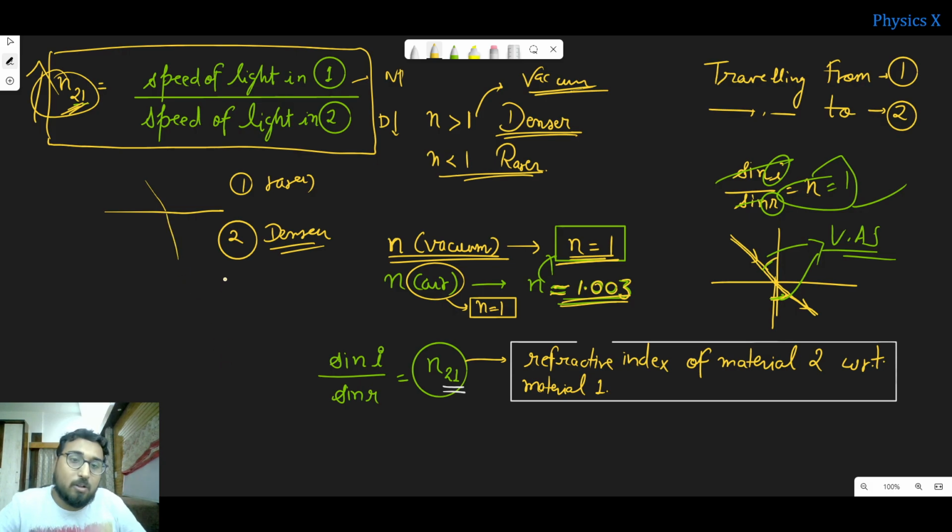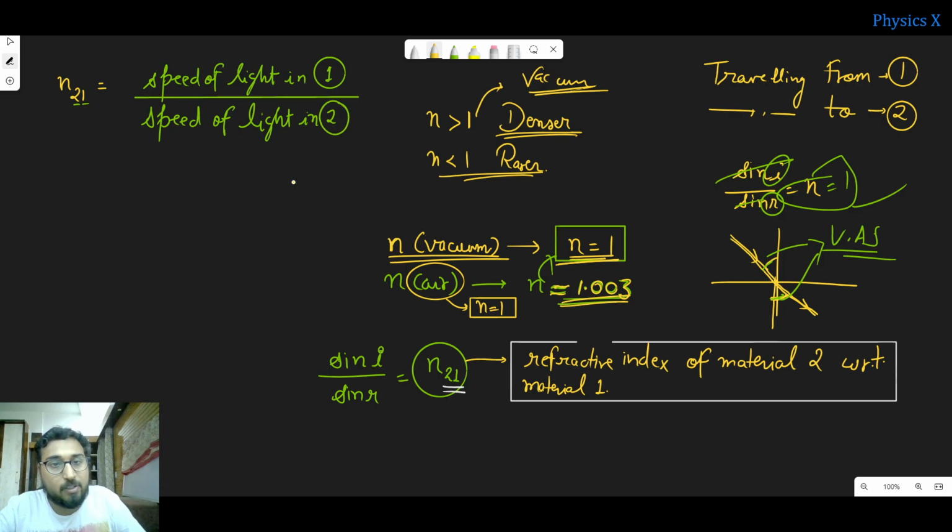Also, suppose this is denser and this is rarer. Now let us consider this case. This is now your rarer medium and this is now your denser medium.